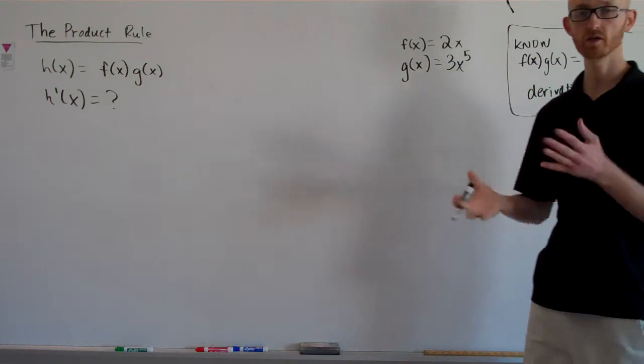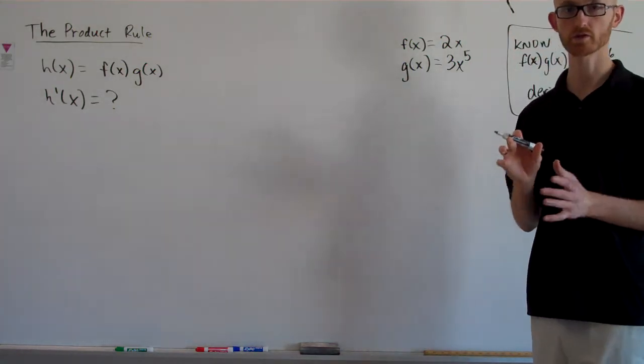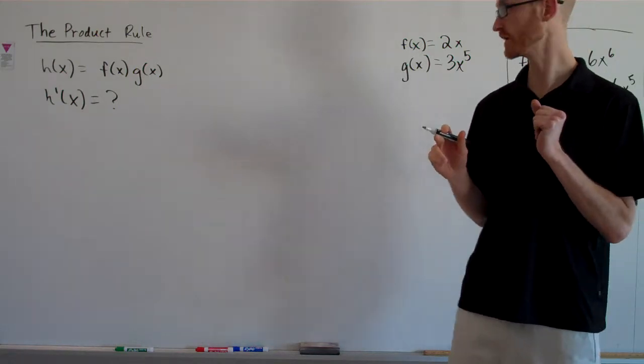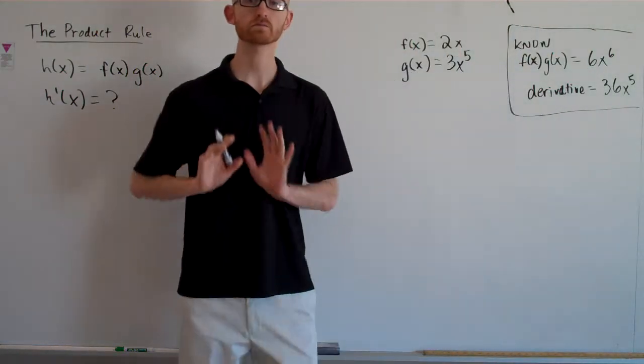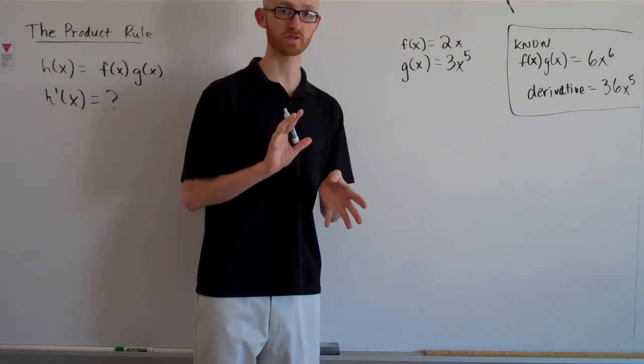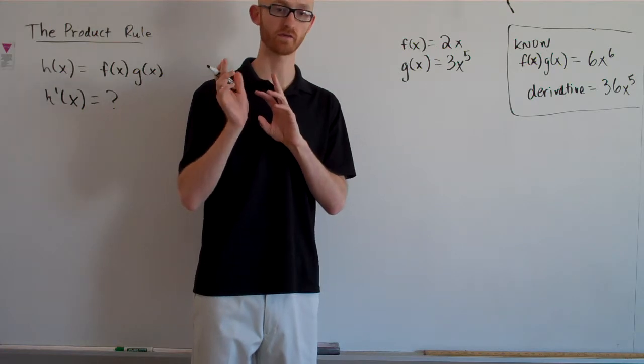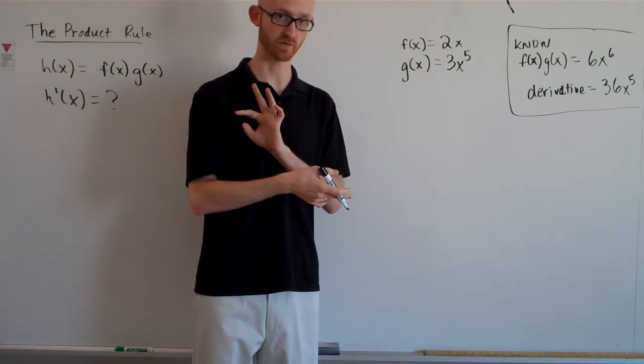But I'm going to make the claim here that what we can do is actually, and this will sound a little strange, but listen slowly, we're going to do the derivative of the first function times the second function plus the derivative of the second function times the first function.